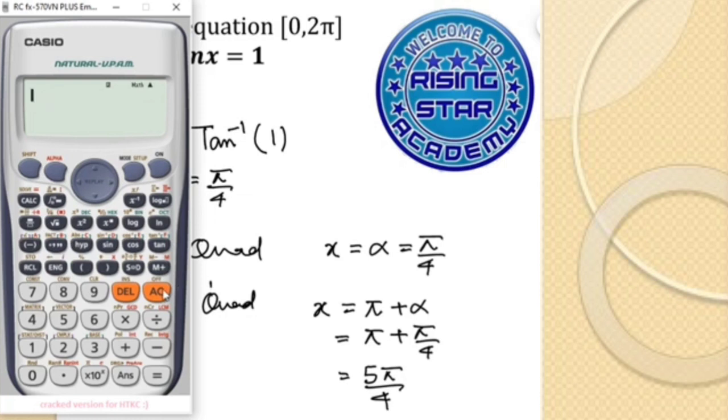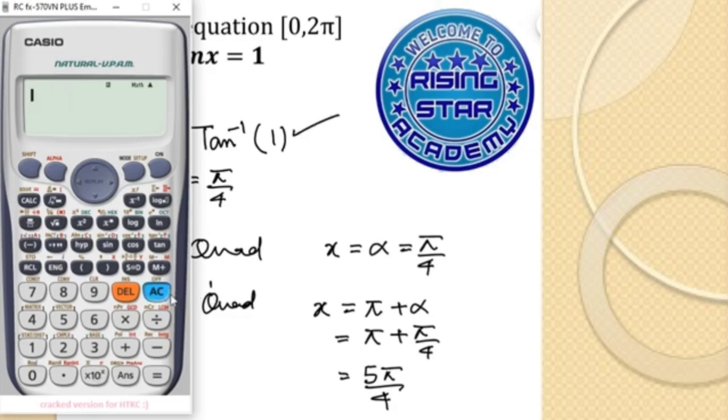Now I will verify the answers. So tan of pi over 4 is equal to 1. It's verified.